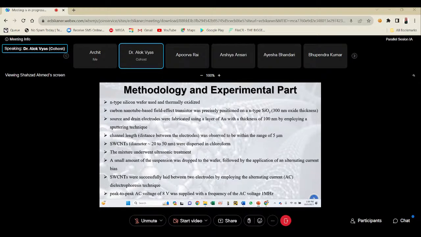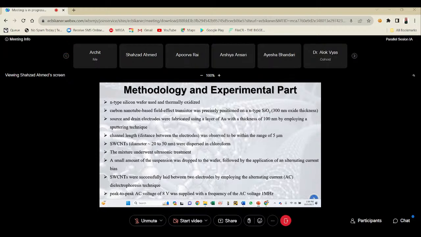Now the methodology. We used an n-type silicon wafer and thermally oxidized it to create the oxide layer. Then the CNT-based field effect transistor was positioned on the silicon SiO2 wafer. We fabricated the source and drain electrodes using the sputtering method, with gold as the source and drain electrode.